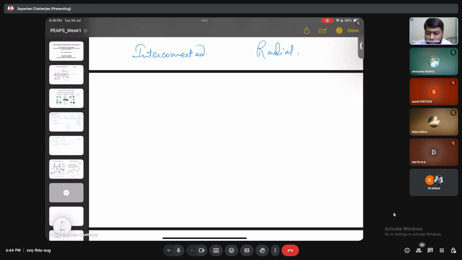Otherwise, we'll switch to basic numericals, based on the lectures you have seen: power factor, real and reactive power, which you need to calculate. You may point it out and I'll do that, or you can ask questions. Otherwise, we'll switch to the numerical side or questions, previous assignments, and all this.